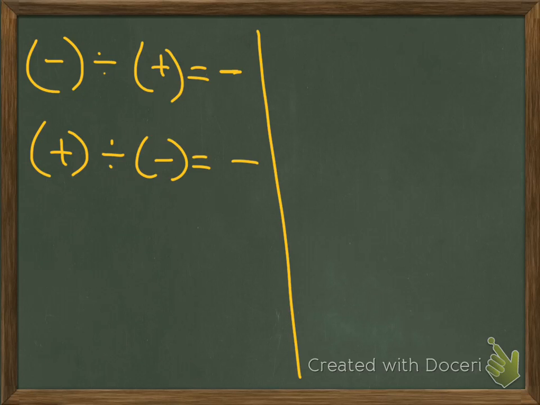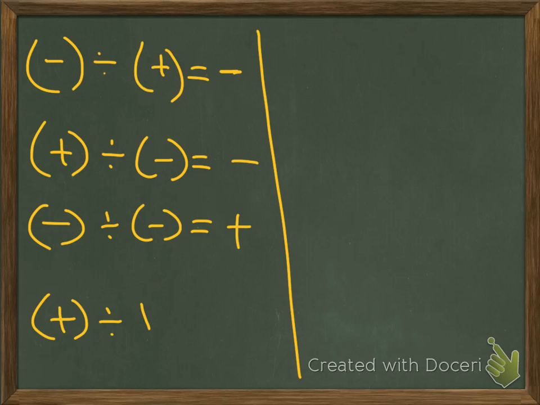So I can flip those around and it doesn't matter, just like multiplication. Division isn't commutative with regular numbers, but with negatives and positives it works out. A negative divided by a negative is positive. And the same old thing you've been doing your whole life, a positive divided by a positive is a positive.